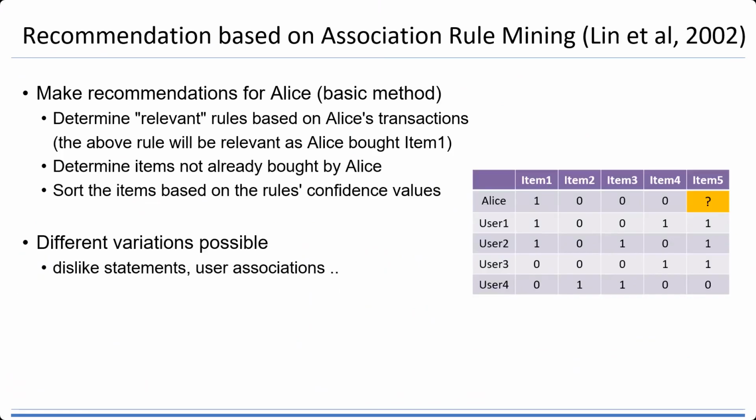So when we do association rule mining, the basic method is, I want to make a recommendation for Alice. And we need to determine the relevant rules.